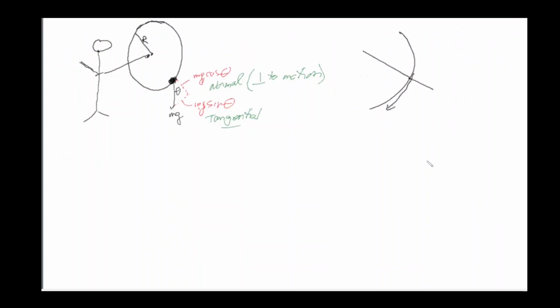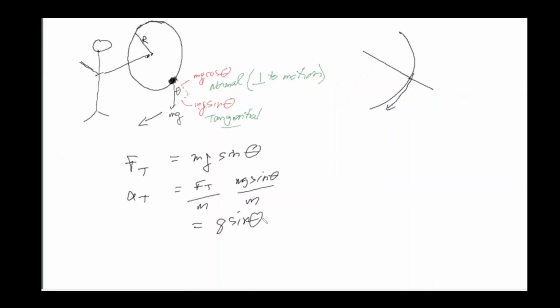So let's look at our forces. The force in the tangential axis is equal to mg sine theta. That's this force going this way. And the acceleration in the tangential axis is equal to tangential force over mass, which in this case is mg sine theta over mass, or simply g sine theta.